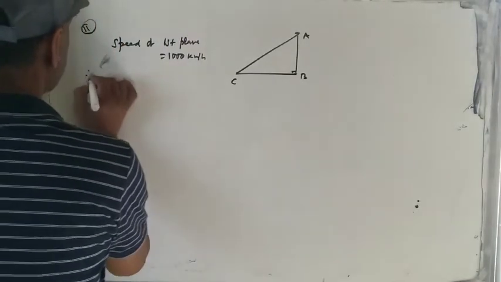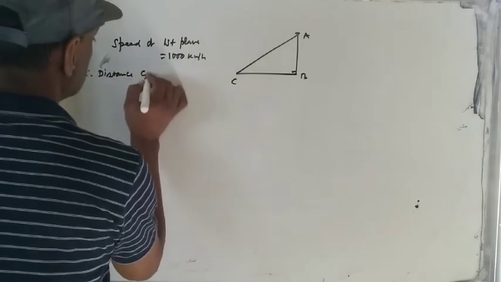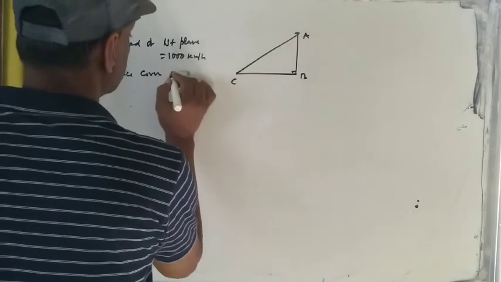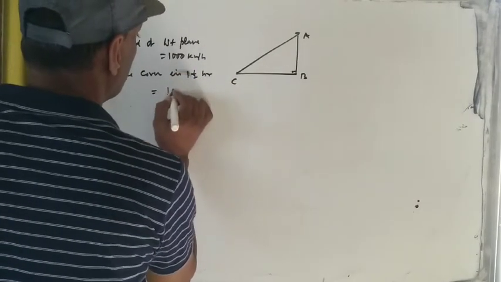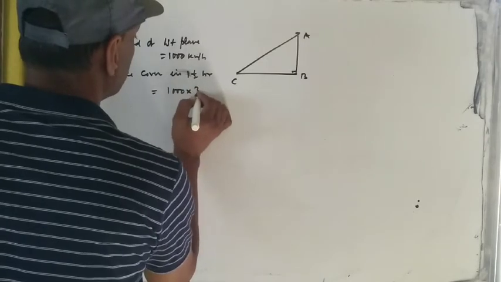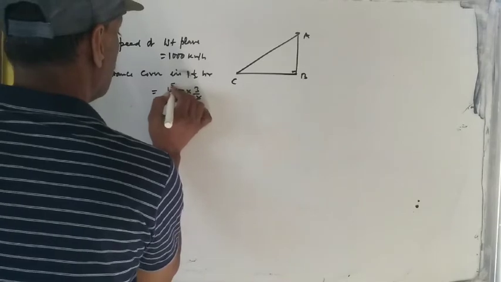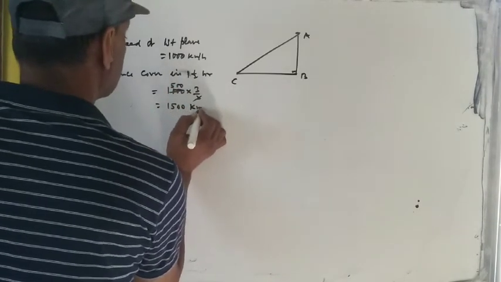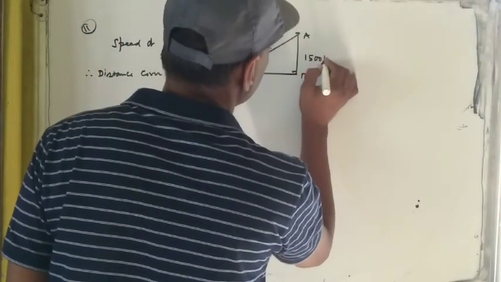So distance covered in 1.5 hours equal to 1000 into 3 by 2, and this is 1500 kilometer. So this distance is 1500 kilometer.